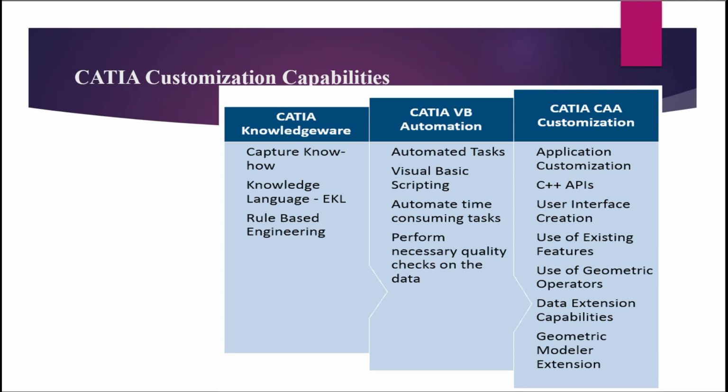In CATIA VB automation, automated tasks, VB scripting, automate time consuming tasks, perform necessary quality checks on the data. In CAA, application customization, C++ API, user interface creation, use existing features. With the help of CAA, we can create a new feature, we can use existing features, we can use geometric operations.